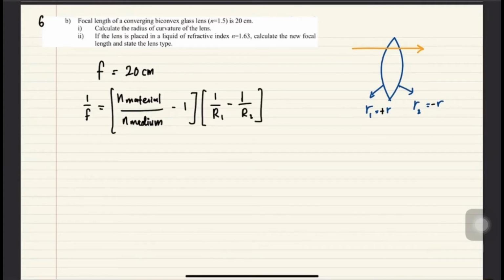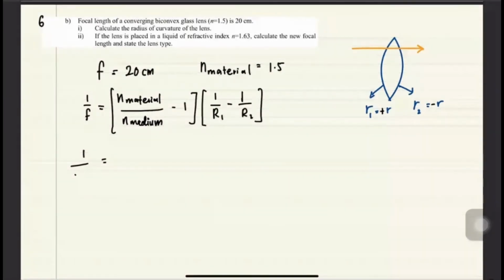Betul ke tak? Betul. Okay, now material N equals 1.5. Diberi. This one is the material lah, the glass tu. So I can substitute everything inside. 1 over, kalau kita biar di dalam sentimeter tak ada masalah. Jawapan akhir pun dalam sentimeter. Okay, let's say kita biarkan di dalam sentimeter.